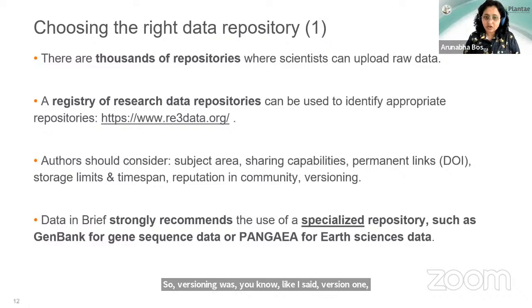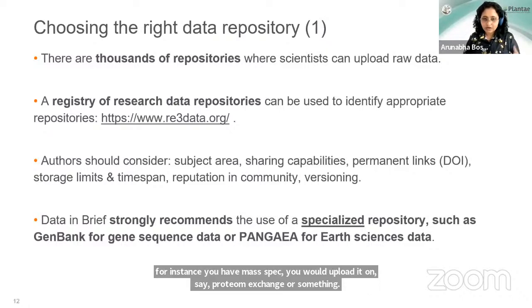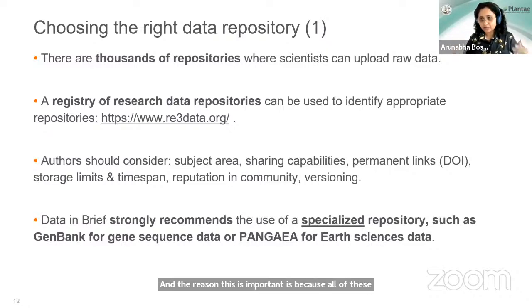What we do is we strongly recommend the use of a specialized repository, such as, for instance, GenBank for sequencing data, or Pangea for earth sciences data. Or say, for instance, you have mass spec, you would upload it on say, Proteome Exchange or something. And the reason this is important is because most of these repositories also do their own quality control before making the data visible and available to everyone.